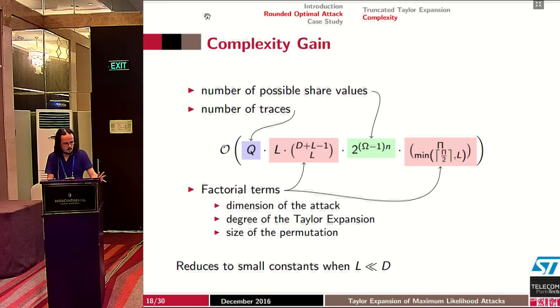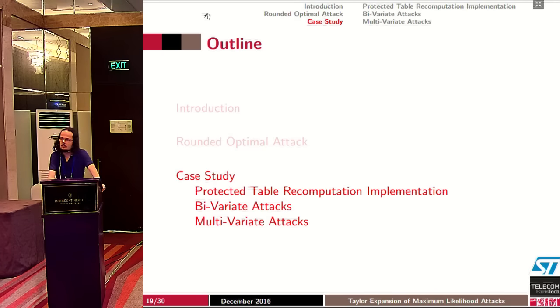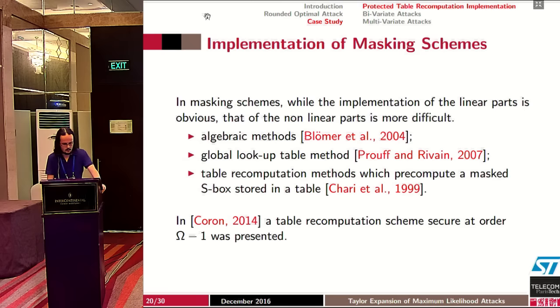So I will now illustrate this new attack in a practical scenario. As a case study, we have chosen the case of a masking scheme with a shuffled table recomputation step. There exist different implementations of masking schemes.